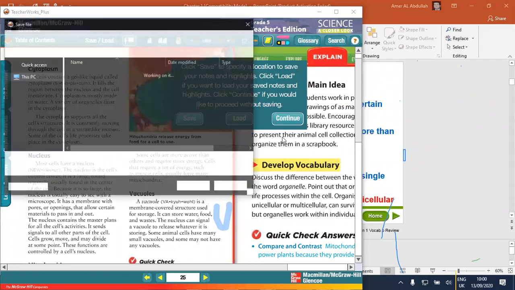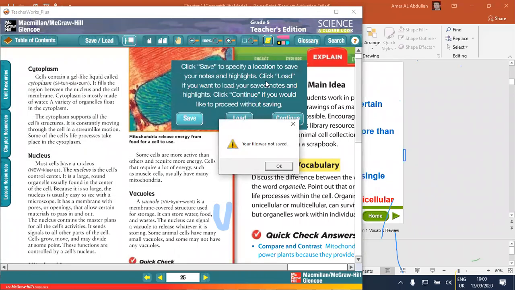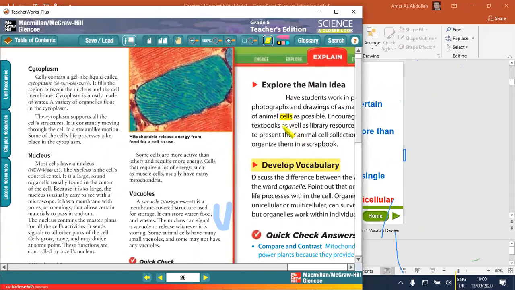The cytoplasm supports the cell's structure. It is continually moving through the cell in a stream-like motion. Some of the cell's life processes take place in the cytoplasm. Okay, thank you.